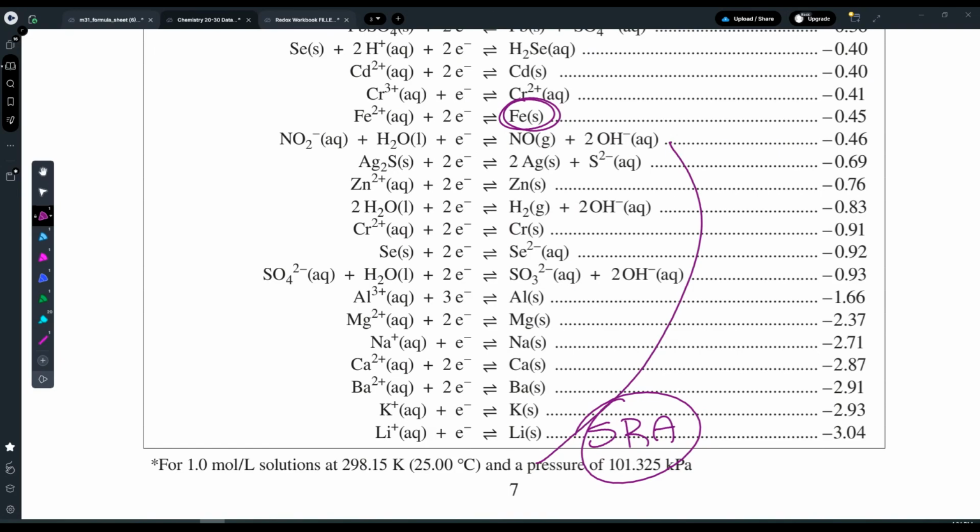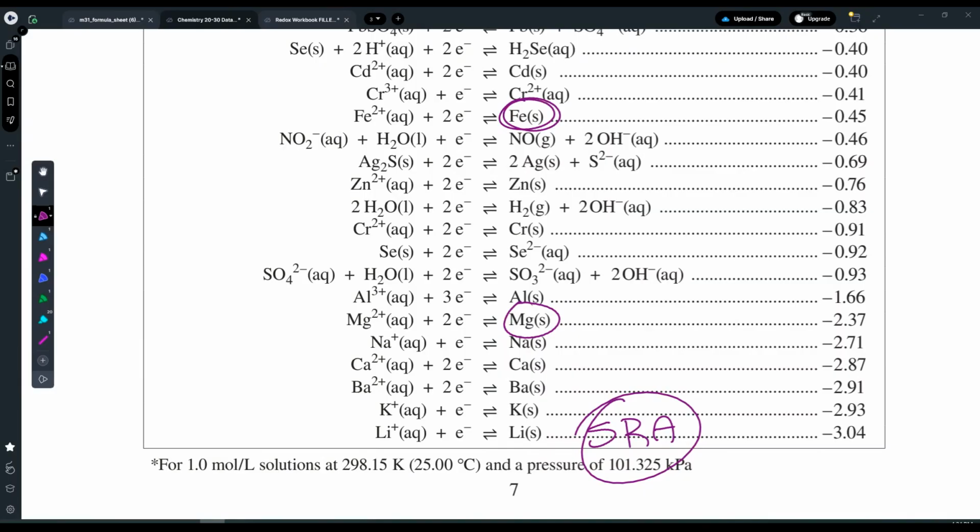Okay, so just arbitrarily, we could choose magnesium to be the sacrificial anode for iron.